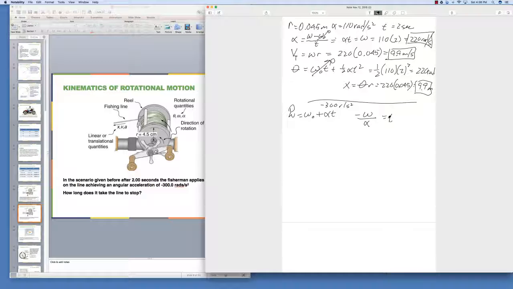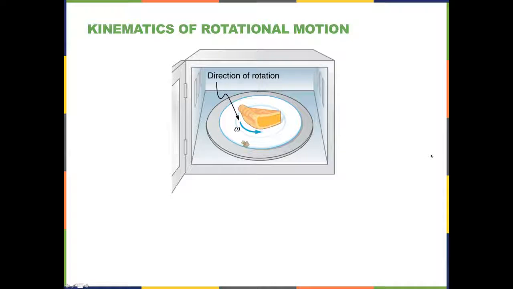We know from up here that omega naught was 220, and dividing by 300, t is going to equal 0.735 seconds. So it takes a little less than a second to stop that line if you have that kind of braking.